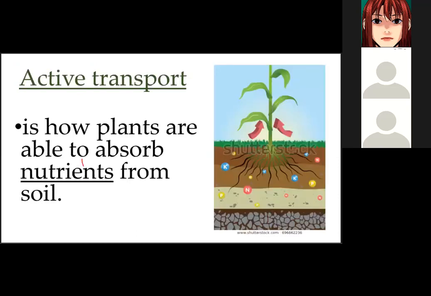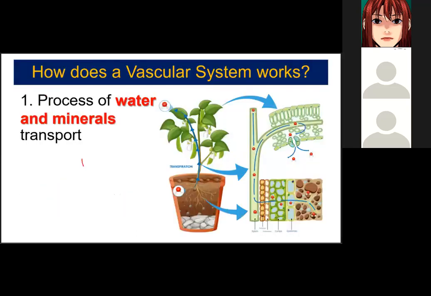Let us go back here. As water is absorbed through the roots, and then goes up through the stem, and then through the leaves, and then goes out here, this one is the stomata under the leaves.